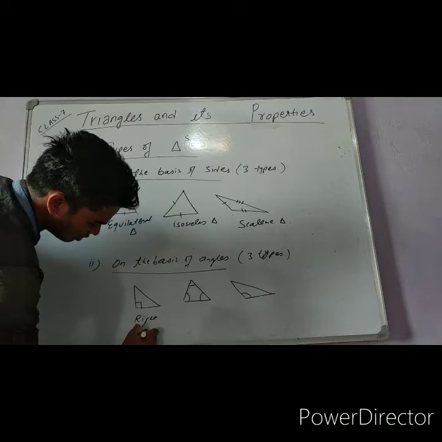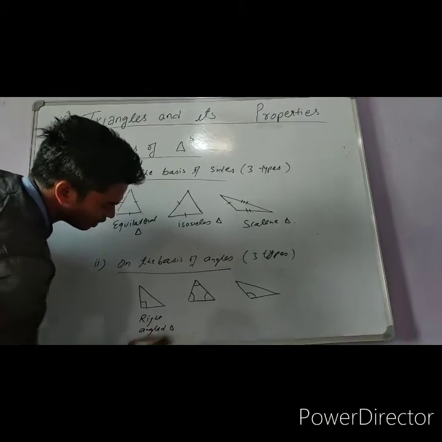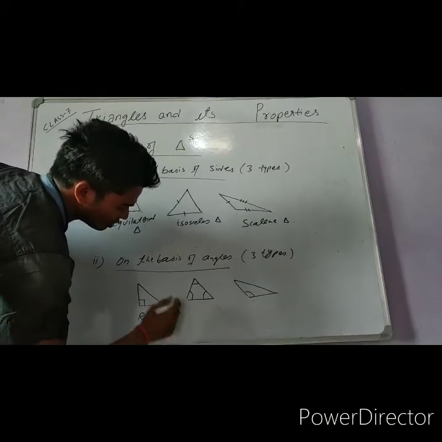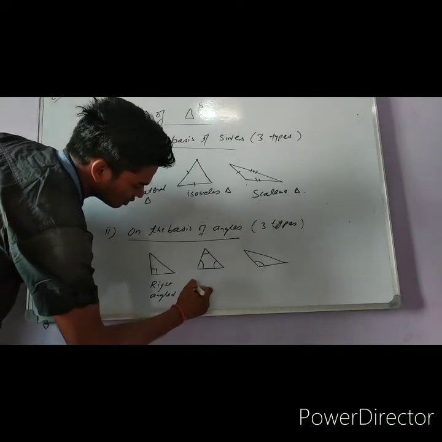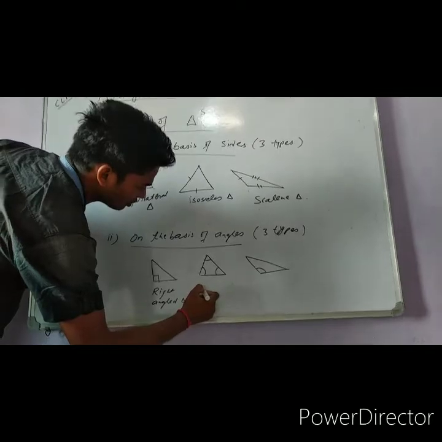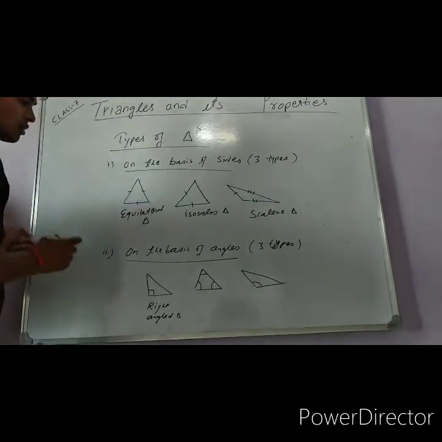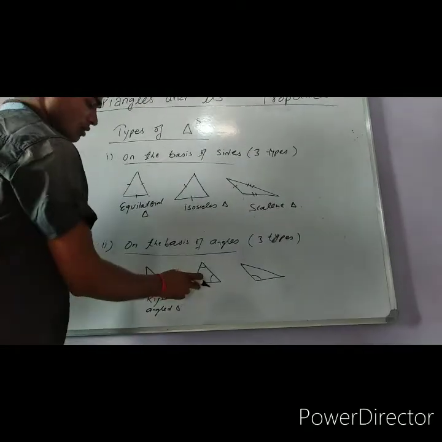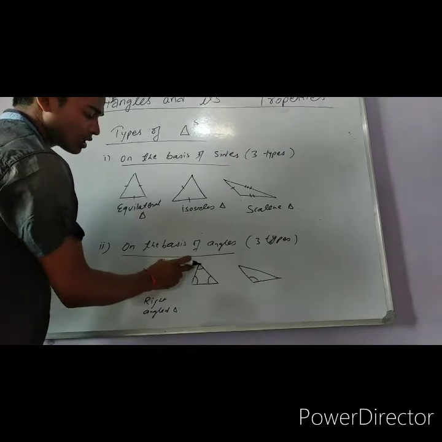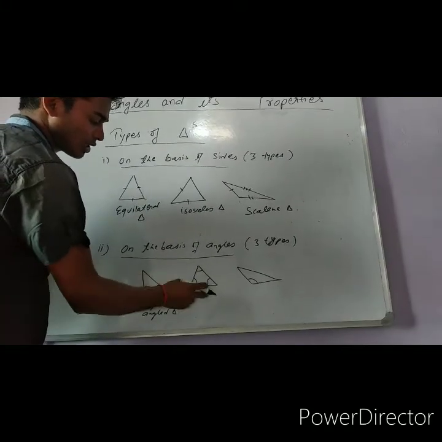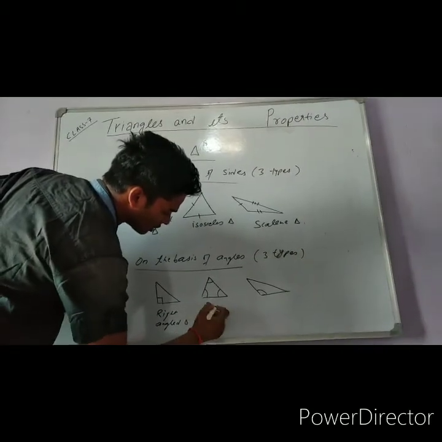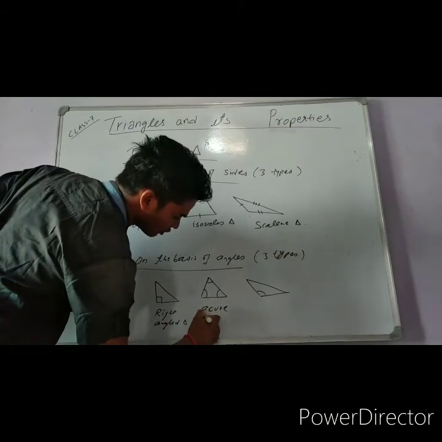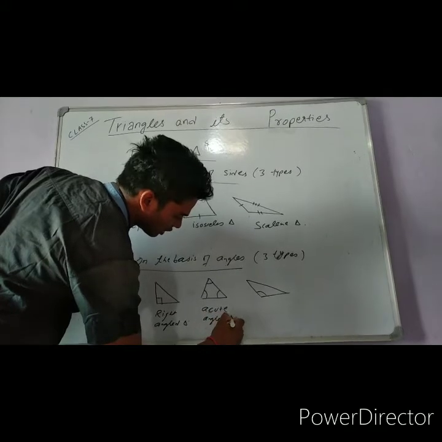If all the angles are less than 90 degrees, meaning all the angles are acute angles, then the triangle is called an acute angled triangle.